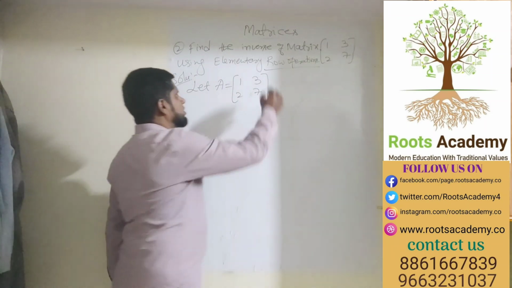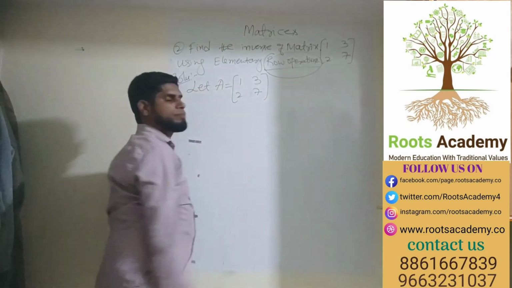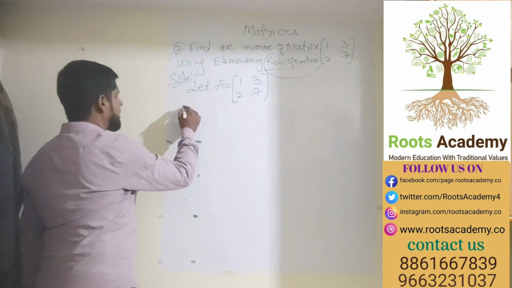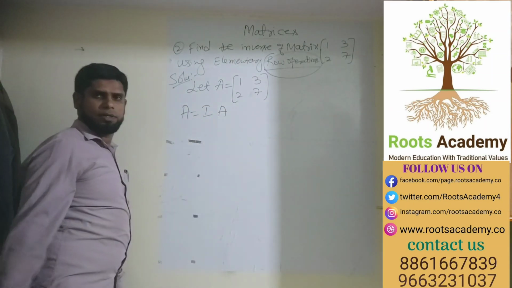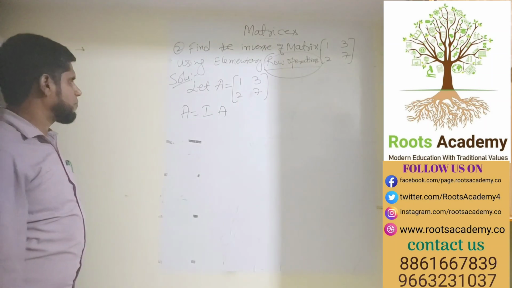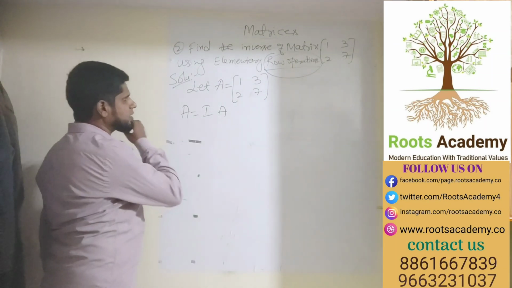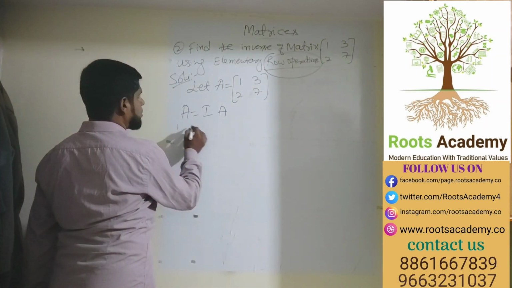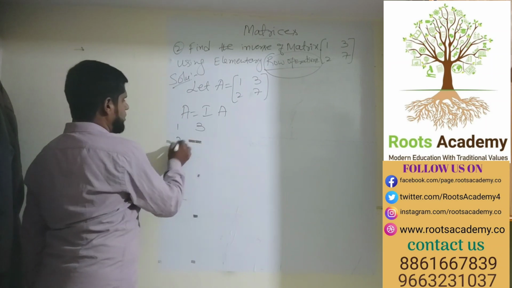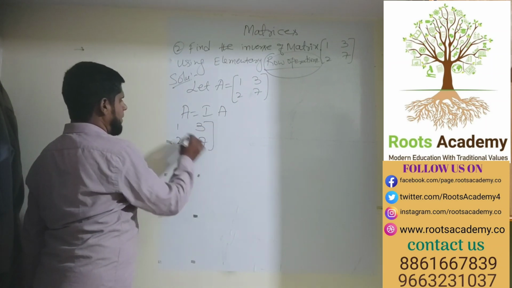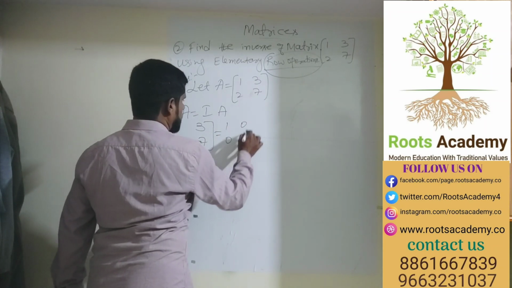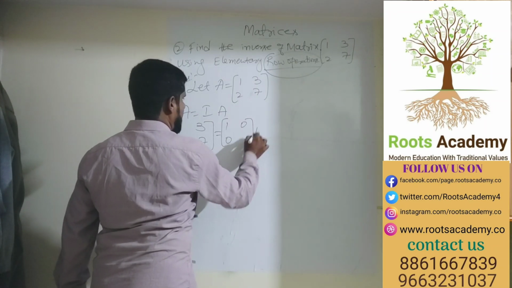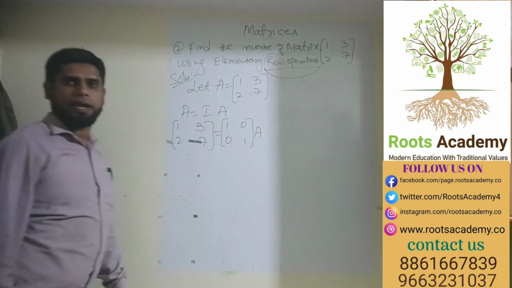So since he has mentioned it is row operation, the condition is A is equals to identity into A. So what is A matrix? 1 3 2 7. Then identity is 1 0 0 1 into A.